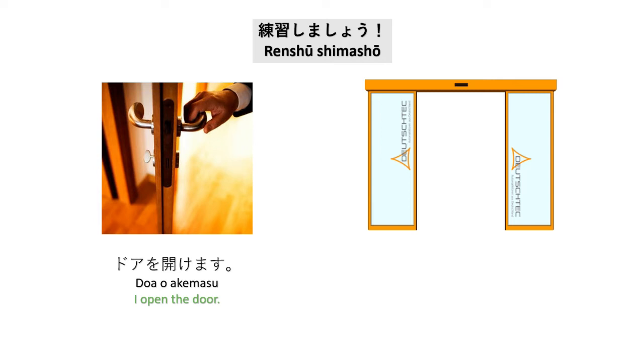There is a subject and an object. While we have seen the door opens, doa ga akimasu. It comes from aku. The door opens. And here we do not have an object. The door opens by itself.